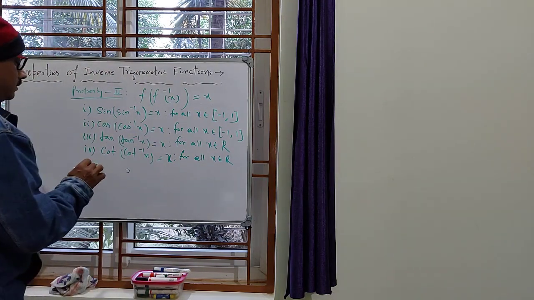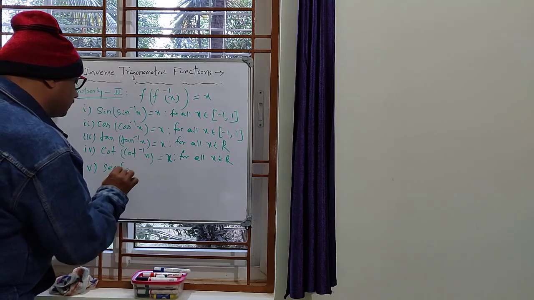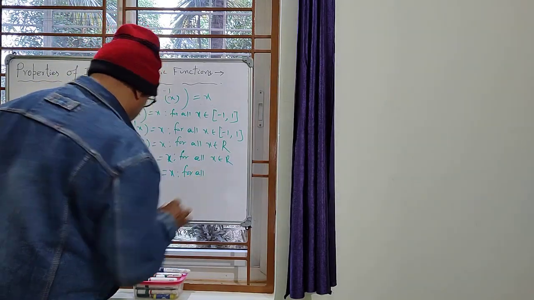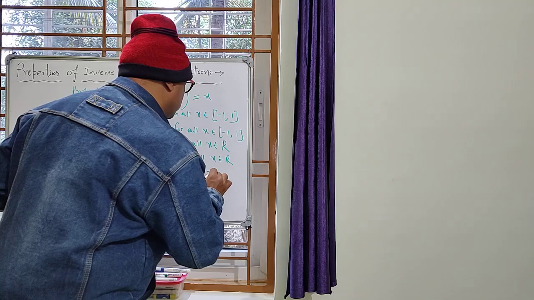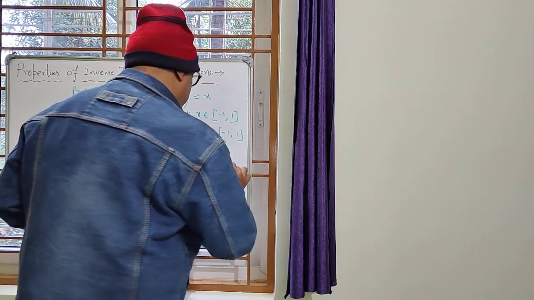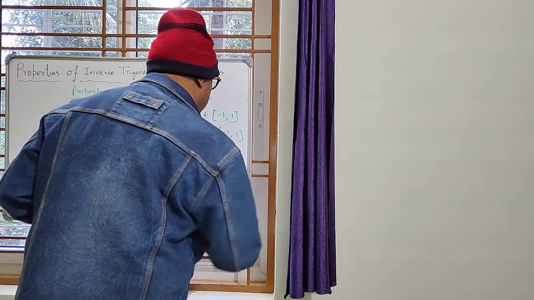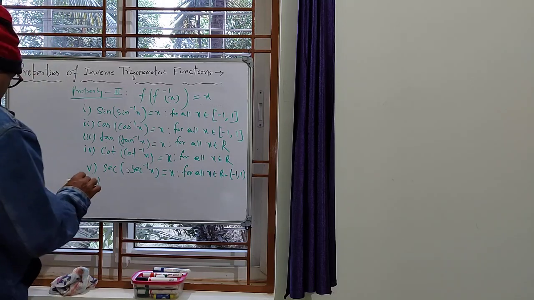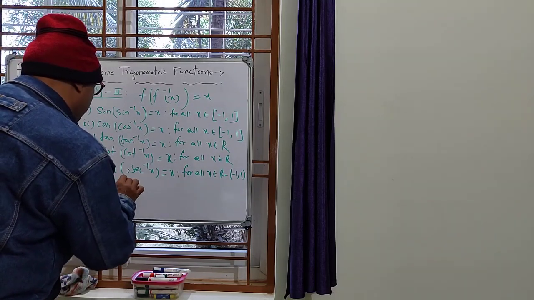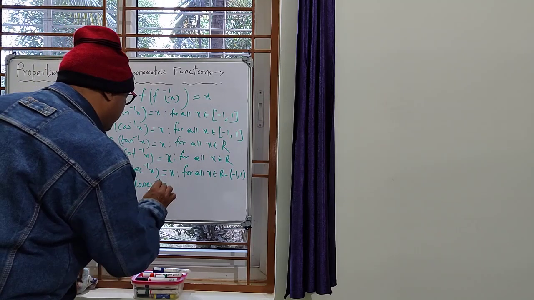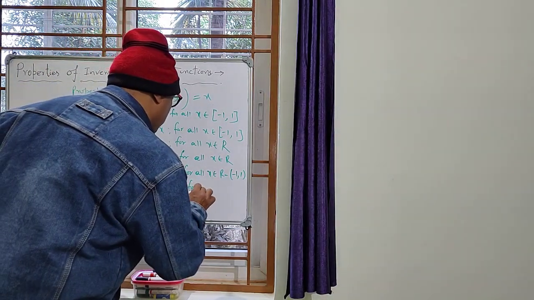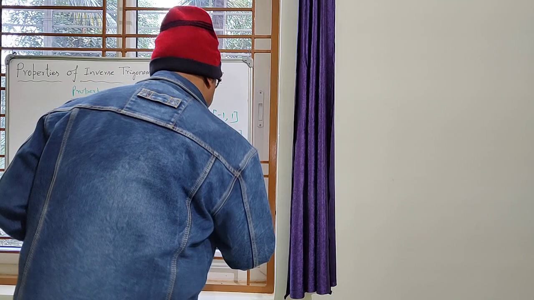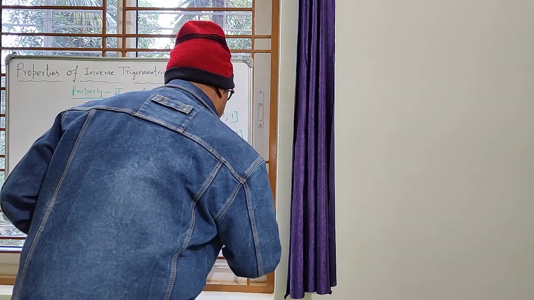5th one, sec of sec inverse x equals x for all x belongs to R minus the open interval minus 1, 1. 6th one, cosec of cosec inverse x equals x for all x belongs to R minus the open interval minus 1, 1.